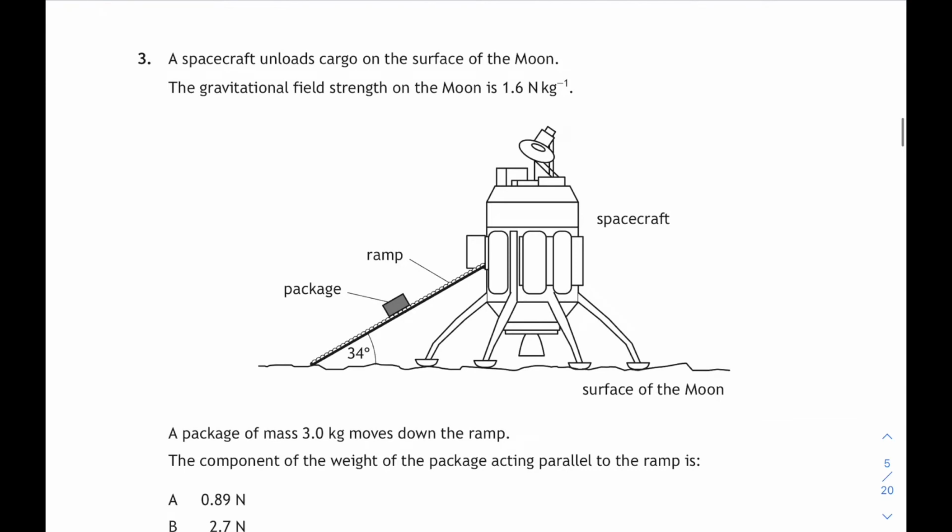Moving on, question 3. A spacecraft unloads cargo on the surface of the moon. The gravitational field strength on the moon is 1.6 newtons per kilogram. And a package of 3 kilograms moves down the ramp.